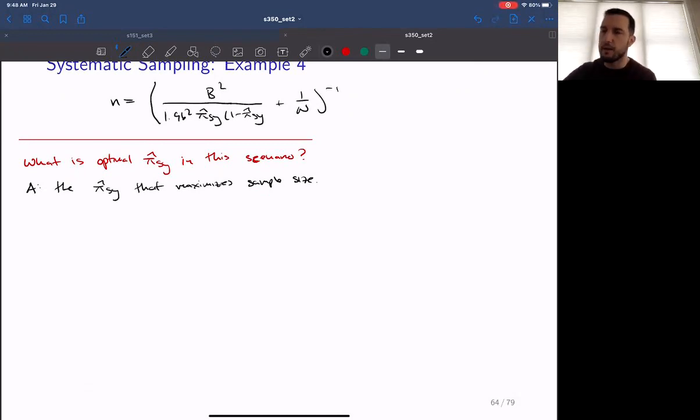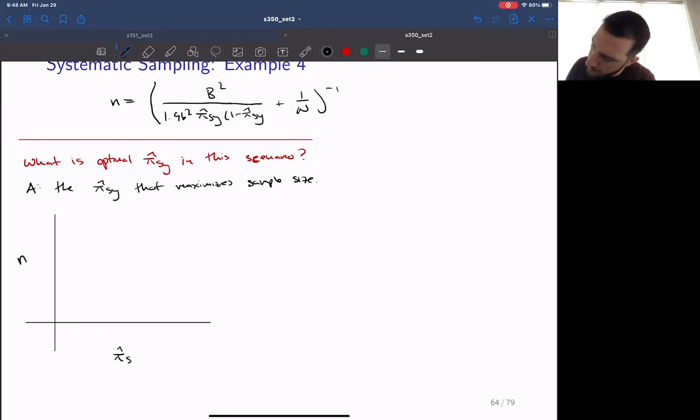But just to illustrate the idea so that we have a sketch of what we would expect to see, consider the following grid. We just have a regular plane here, with sample size and pi hat sy, and we range the pi hats from say 0.1 to 0.9.